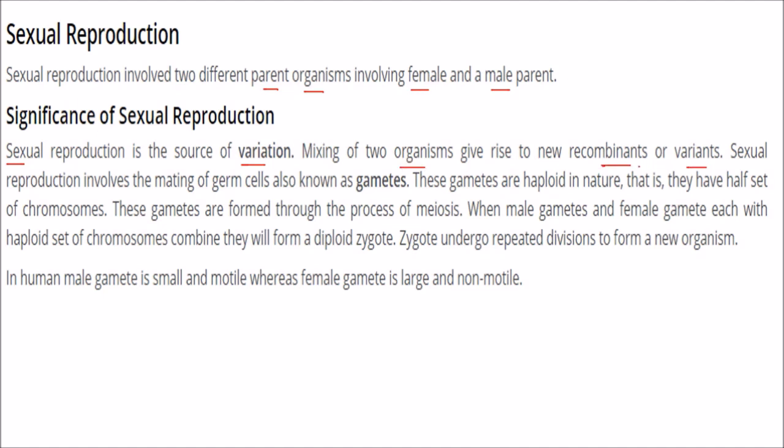Sexual reproduction involves the fusion of cells, also known as gametes. These gametes are haploid in nature, that is, they have a half set of chromosomes. These gametes are formed through the process of meiosis. When a male gamete and a female gamete, each haploid, combine, they form a diploid, and that is called a zygote.